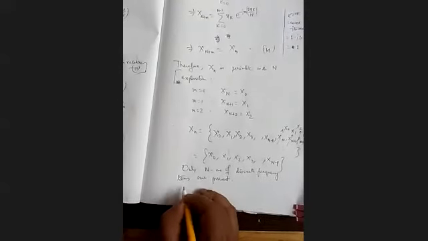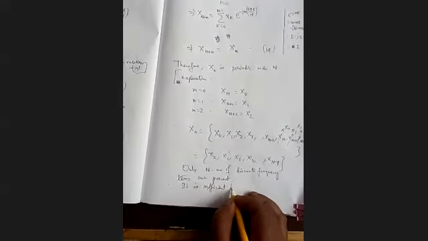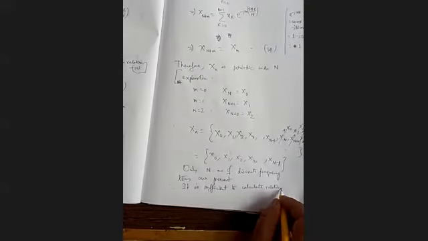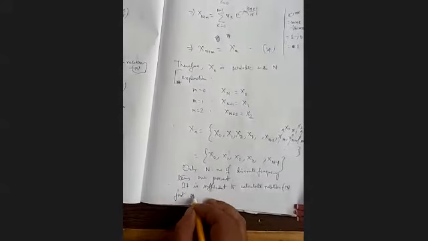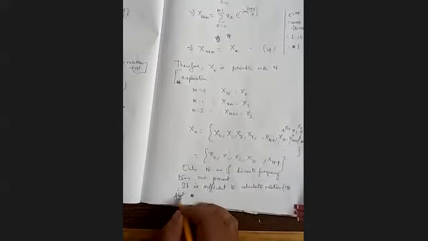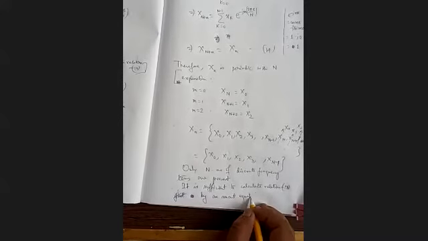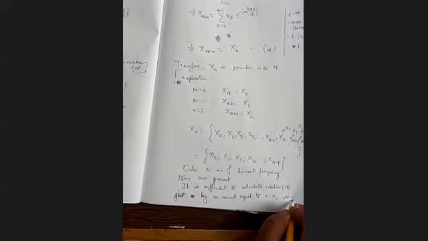So we can write, therefore it is sufficient to calculate relation 13 just for n equal to 0 to N minus 1.